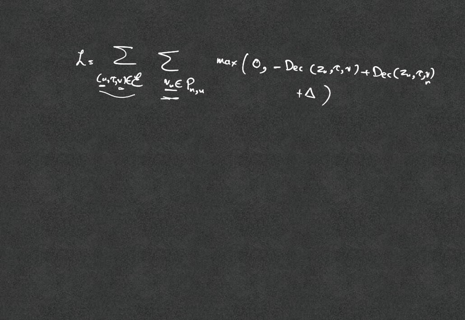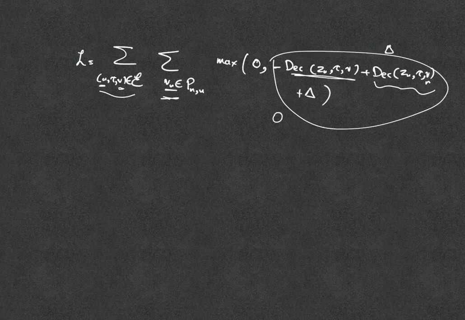The idea is that if this value is at least delta larger than this value, this part becomes 0, and it is good enough in some sense. But in other cases, it's going to be incrementally larger, and therefore the loss has to be minimized in order to have a good decoding mechanism.